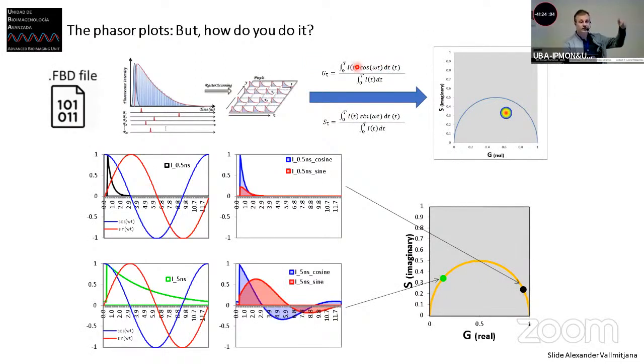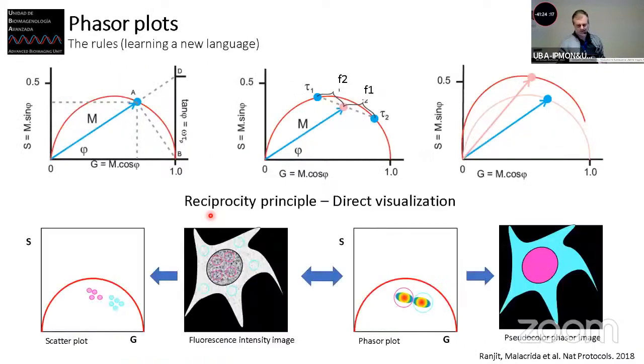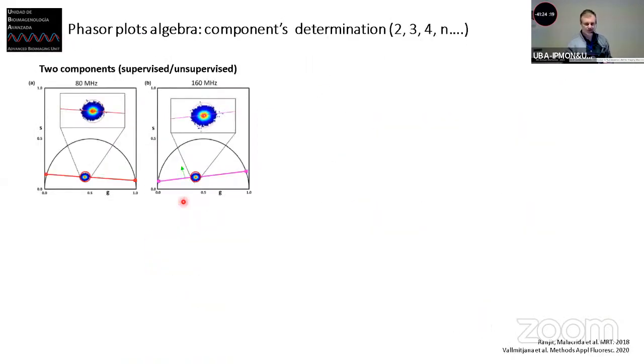So a second frequency, two periods of cosine or sine, we will get another set of data that will come up in the phasor in a different position. So let me show here. This is the first harmonic, and if you double the frequency, you go to the second harmonic.